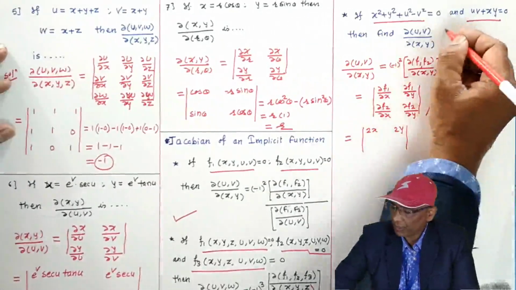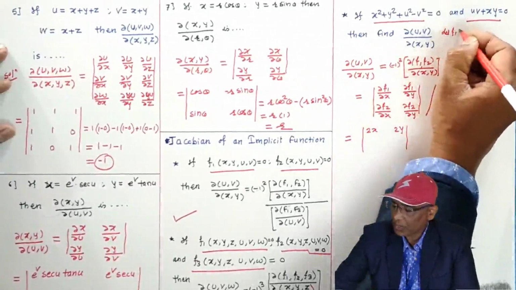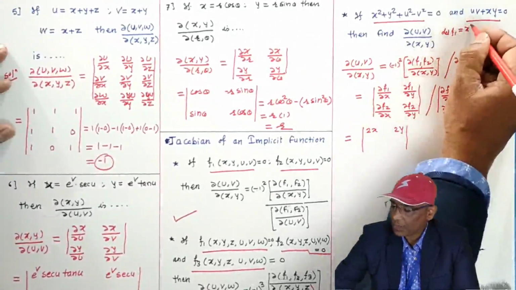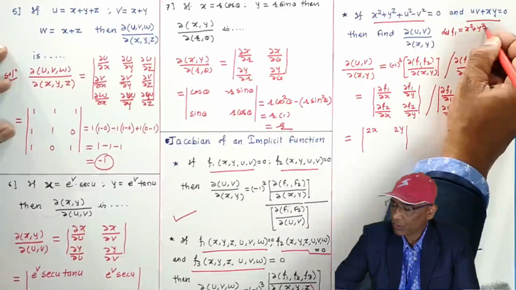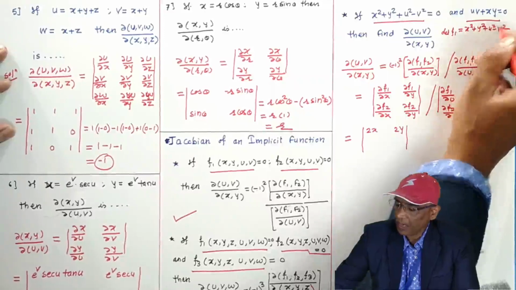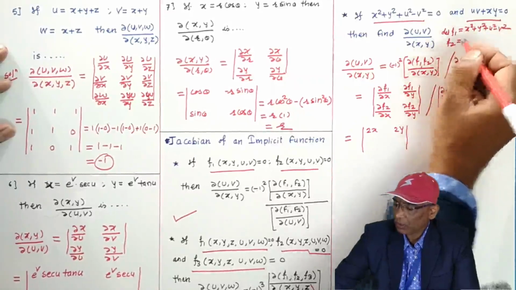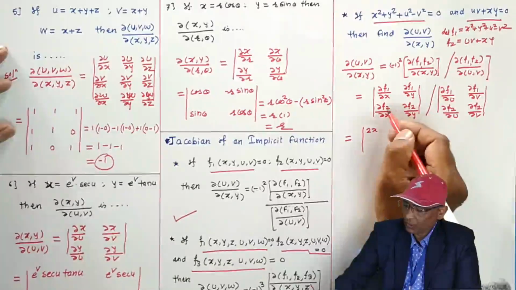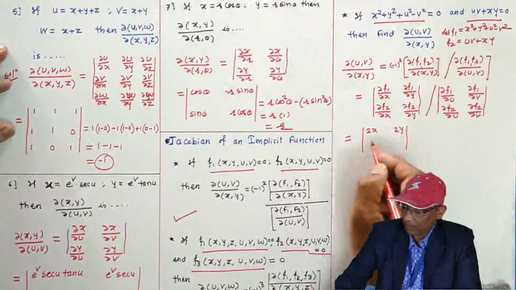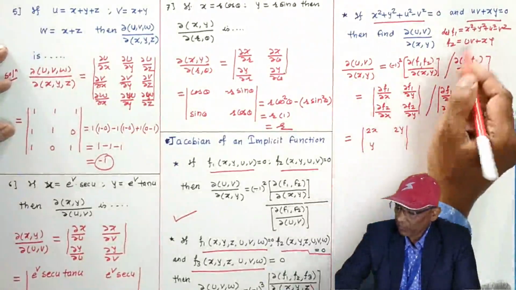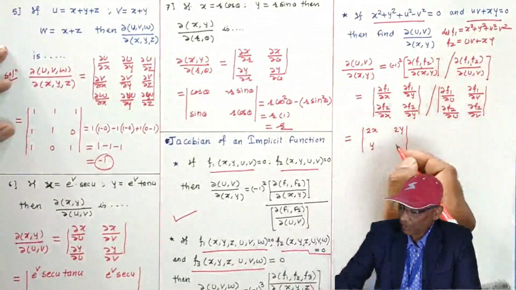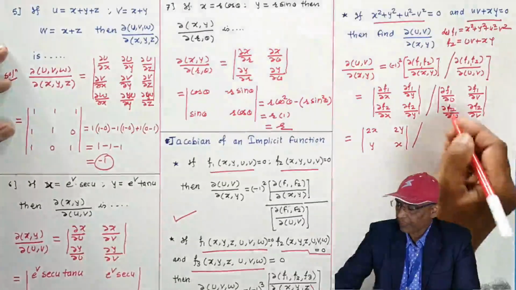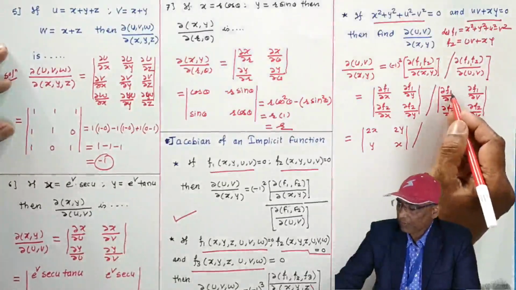Let f1 be x square plus y square plus u square minus v square and f2 be uv plus x square. Derivative of f2 with respect to x is what? 2x only. Derivative of f2 with respect to y is what? 0. This divided by derivative of f1 with respect to u.